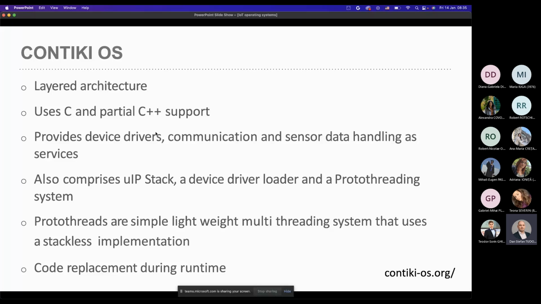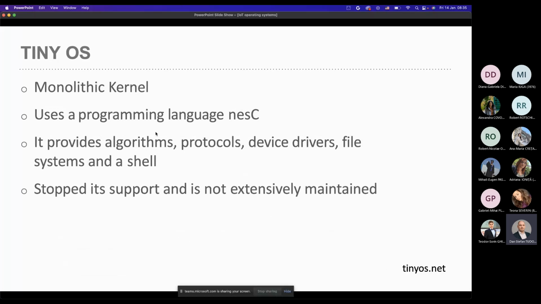Swedish Academy of Science actually has implemented this, if I'm not mistaken. And TinyOS was the same thing. It started as an experimental operating system for academia, mostly built for research, and probably that's why it hasn't found its way into some commercial applications, and this is why it was not maintained.